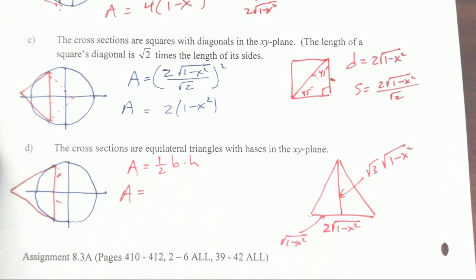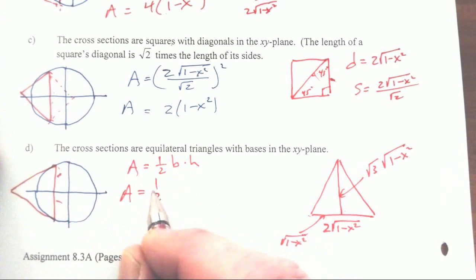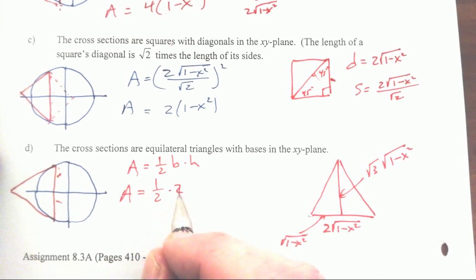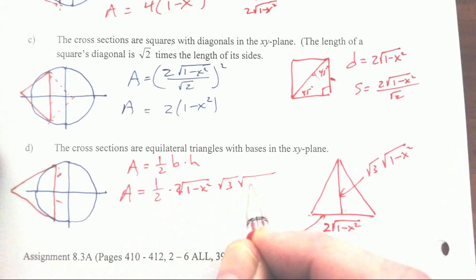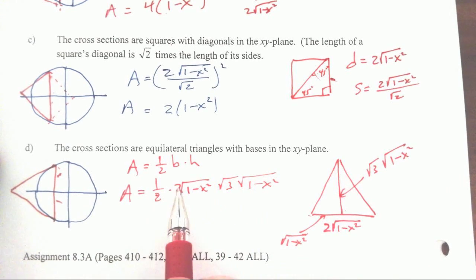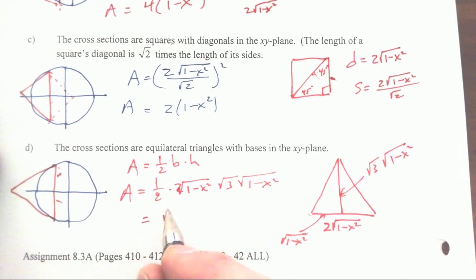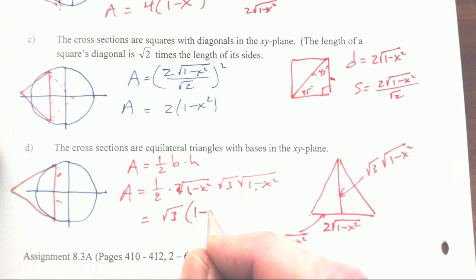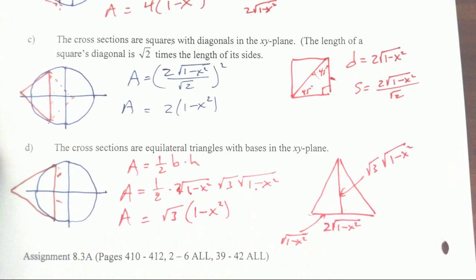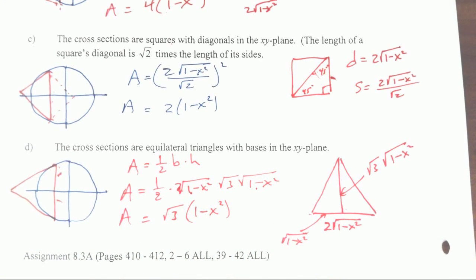Therefore, area is 1/2 the base, 2 times square root of 1 minus x squared. The height, root 3 times square root of 1 minus x squared. 1/2 times 2 cancels. I end up with a root 3, and square root times square root is just plain old 1 minus x squared. And there we have section 1.